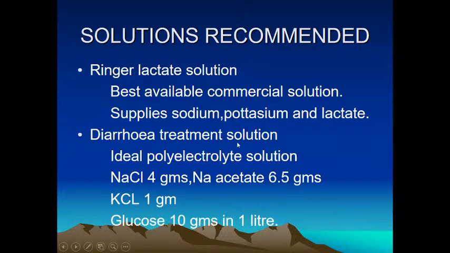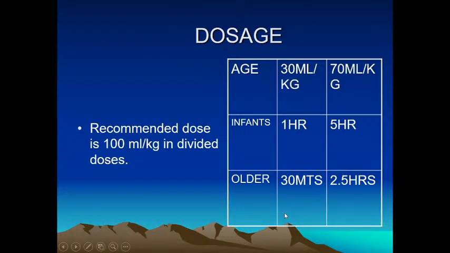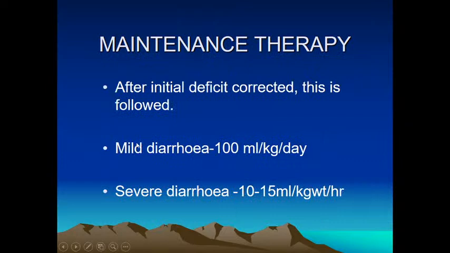Or you can use DTS, as it's called, diarrheal treatment solution, which is basically similar to Ringer's, but it has sodium chloride 4 grams, sodium acetate 6.5, potassium chloride 1 gram, and glucose 10 grams in 1 liter. 100 ml per kg is to be given. We will talk about dehydration when we talk about IMNCI. We will be talking about rehydration in children in detail.